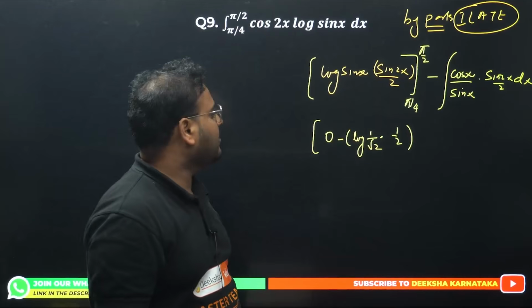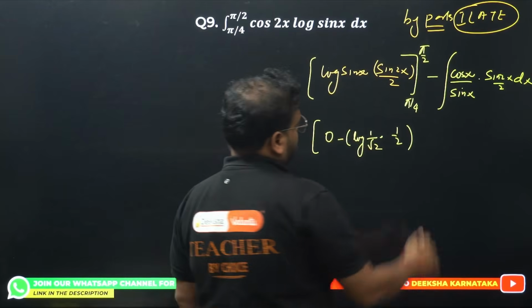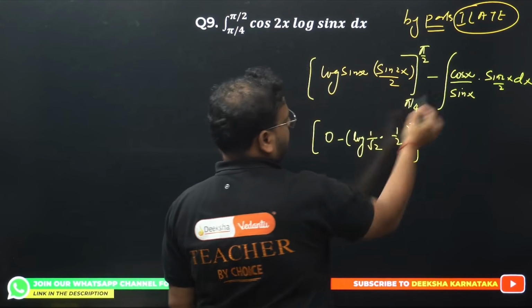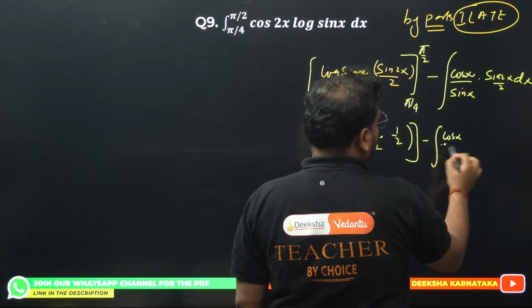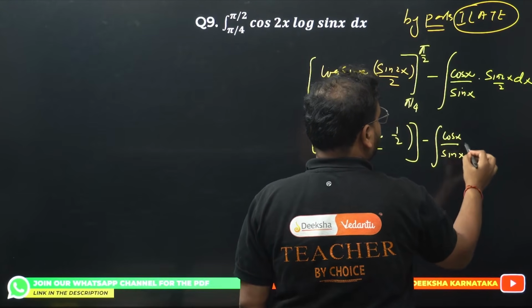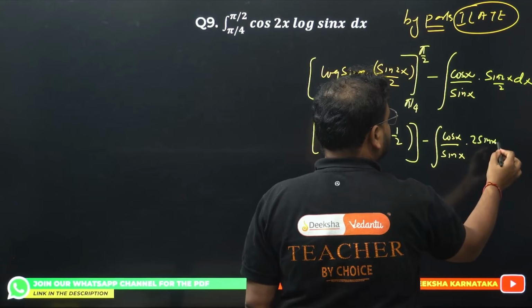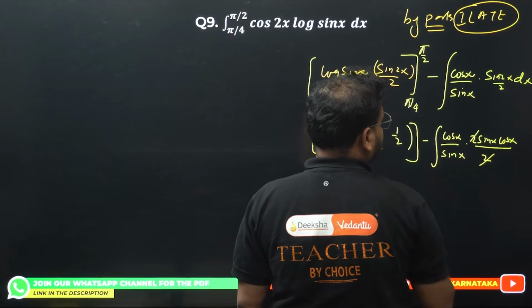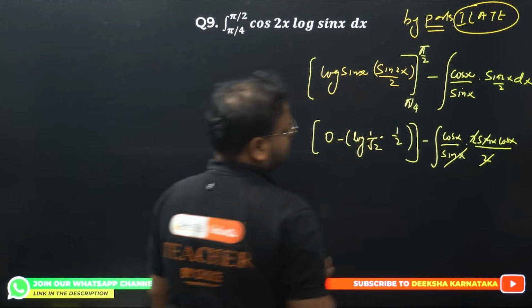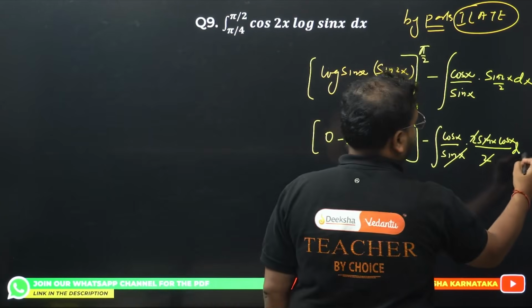So I have 1 by 2. This is my term. Over here now, minus sign is there. Cos x by sin x is there. Sin 2x will become 2 sin x cos x by 2. The 2 gets cancelled. Sin gets cancelled. We have of course dx over here.